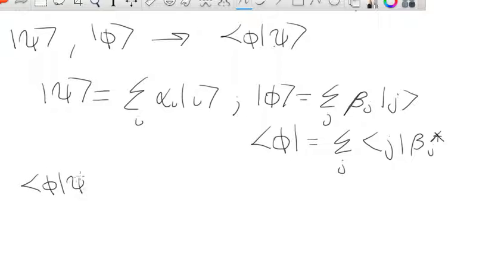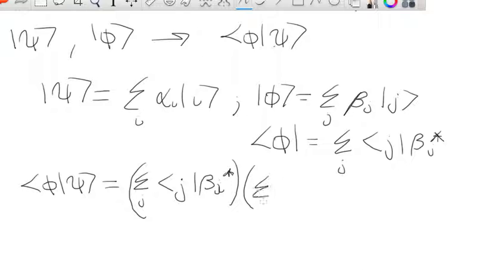So the inner product of these two vectors is equal to, let's just write them out explicitly first. Just writing down what we had over here, bra j, and this is all multiplied by this here, summation i, alpha i ket i.